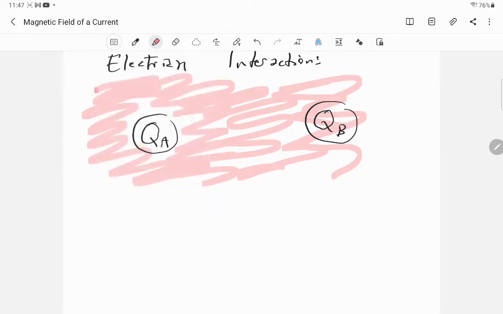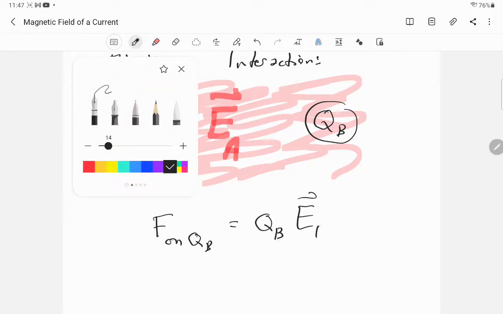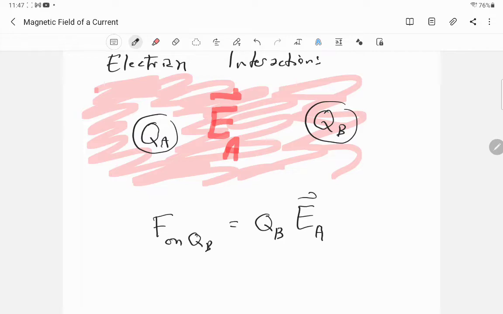This is the electric field that belongs to charge A. The way we understand the force on QB is we take the charge QB and multiply by the field of charge A. I'm sorry, I stumbled there.